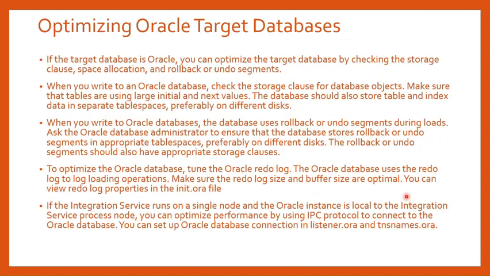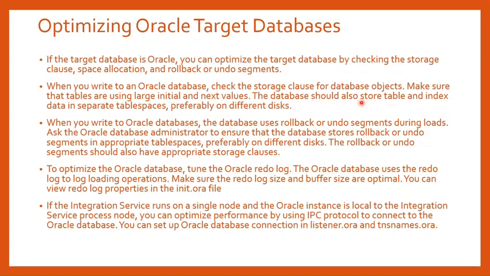Okay. So now, optimizing the Oracle target database. If the target database is Oracle, you can optimize it by checking the storage class, space allocation, and the rollback or undo segment. These three points you need to check to optimize the Oracle target database. When you write to an Oracle database, check the storage class. Make sure that tables are using large initial and next values.